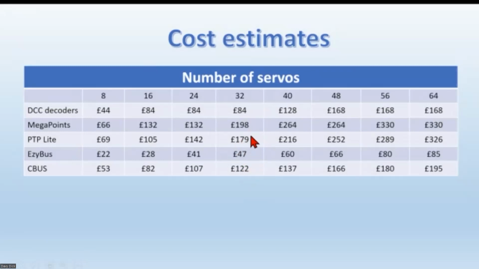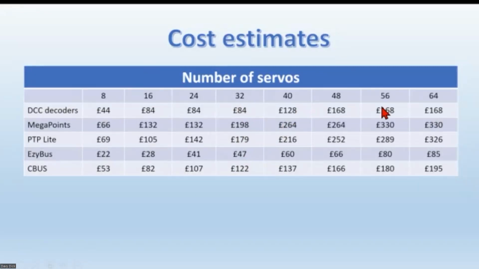The DCC decoders remain a cheaper option than Peer-to-Peer Lite and CBUS, but Peer-to-Peer Lite still beats Megapoints, as does CBUS. So some of the commercial systems are cheaper than some MERG options in some regards, and other times, EasyBus still beats them all in terms of price.